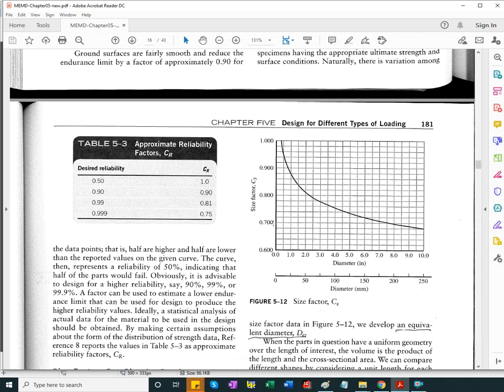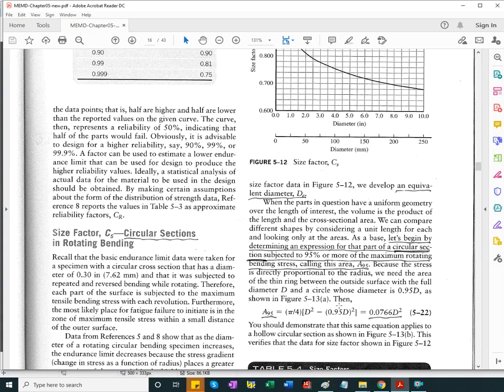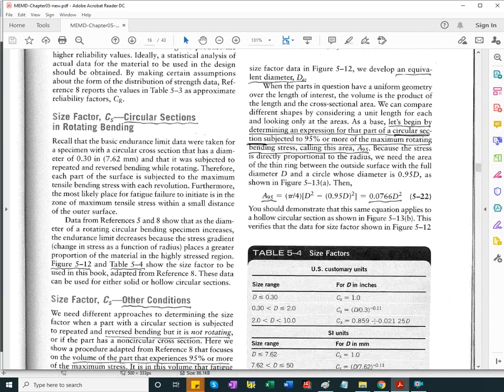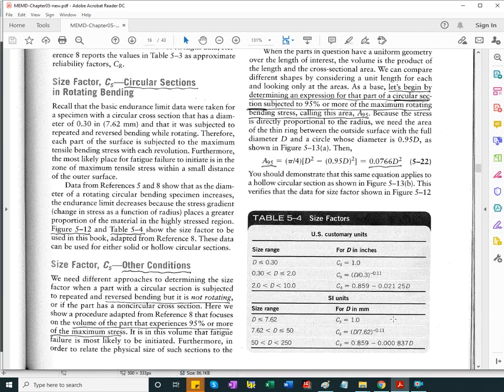See how much that coefficient CS is reduced when the part is larger by that amount. An alternative to using this chart is to use this table here.